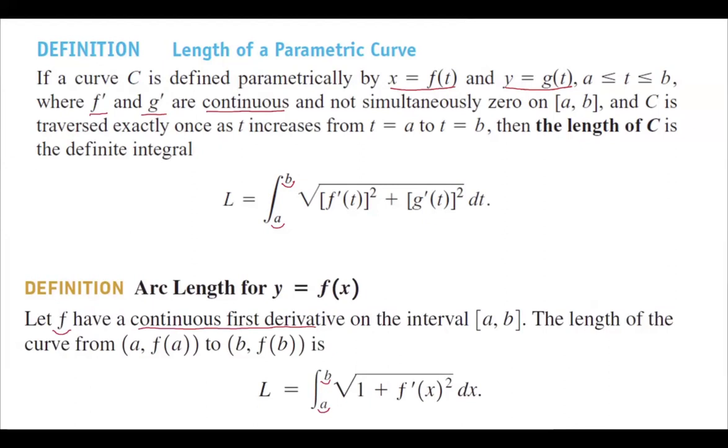And again, remember that if you decide to isolate your x and x is g of y, then this length becomes the definite integral from c to d of the square root of 1 plus g prime of y to the second dy. So sometimes calculating the integral this way is easier.